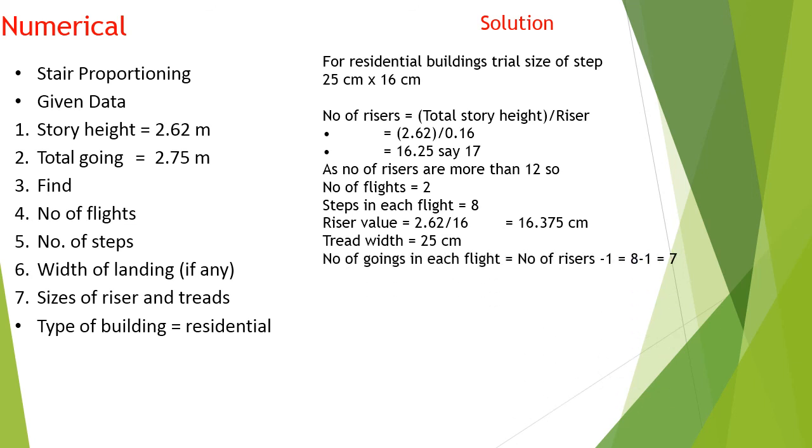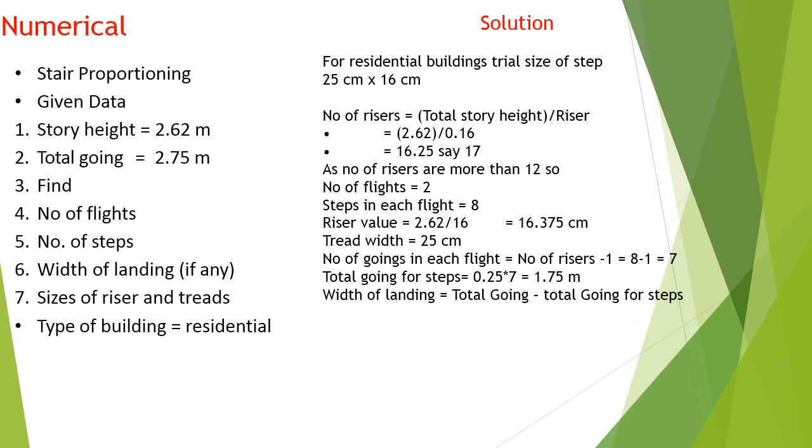Tread width 25 centimeter. Number of goings in each flight is equal to number of risers minus 1, that is 8 minus 1 is equal to 7. Total going of steps, 0.25 into 7, is equal to 1.75 meter. Width of the landing is total going minus total going for steps, that is 2.75 minus 1.75, which is equal to 1 meter.